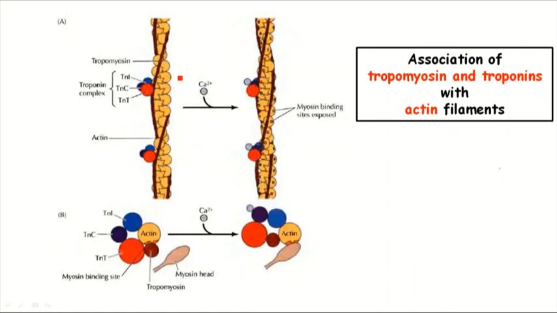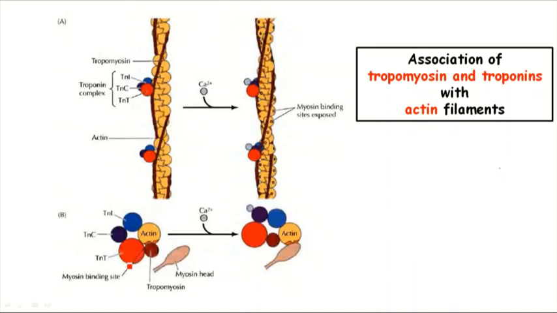See here, in the absence of calcium, the tropomyosin troponin complex blocks the region where myosin can bind. But as calcium concentration increases in the sarcoplasm, they shift the conformation, and the myosin head can bind to the actin.